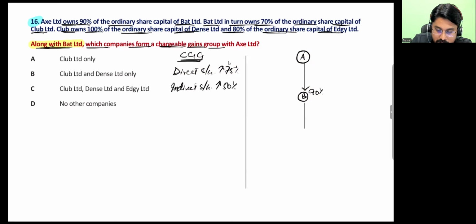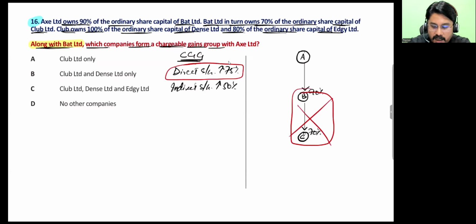Company B owns company C, and how much? 70% of C. If we check the direct shareholding condition between B and C, that's not met.